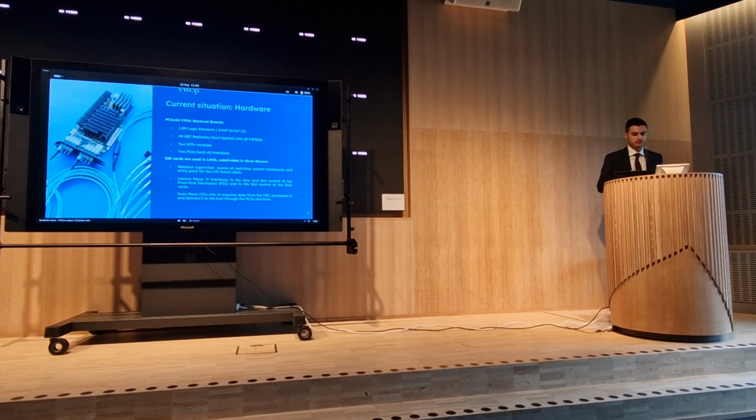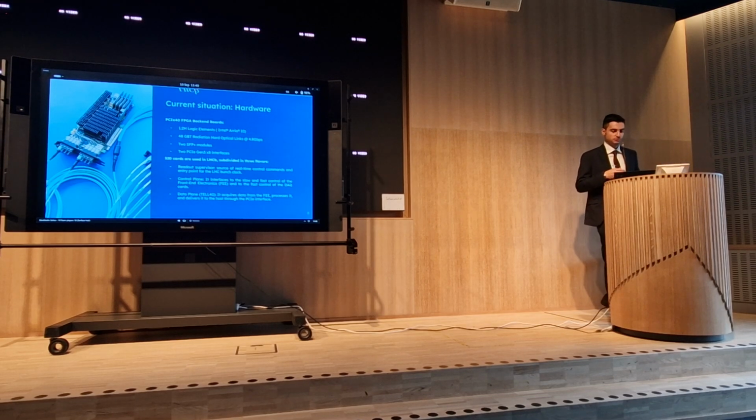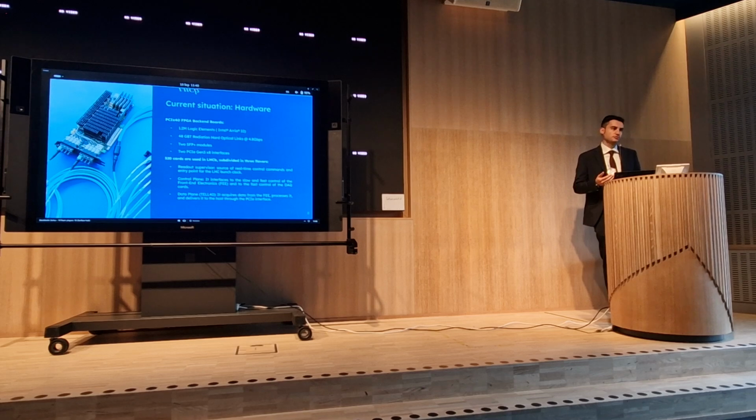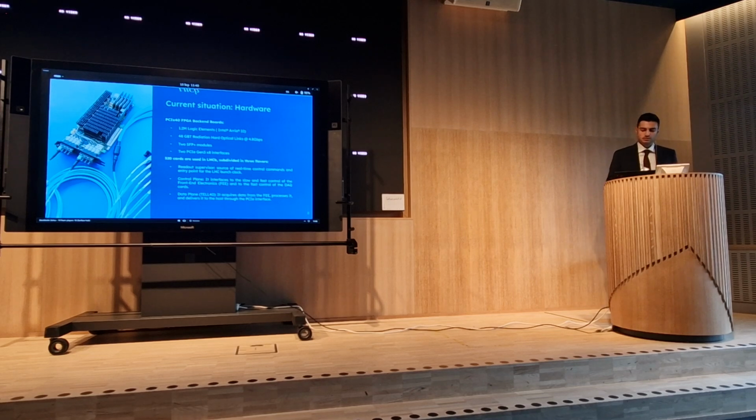We employ 520 cards in the whole experiment, and this is subdivided in 3 flavors. The readout supervisor, which is the master that controls the rest. It transmits the clock of the collisions, and it distributes the real-time control commands. Then we have the control plane, which is the interface to the front end, and this deals with the slow and fast controls.